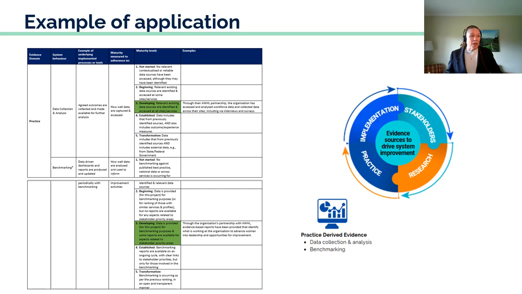Is it a matter of you've got a lot of data, it's all sitting there, but it is so hard to pull out and make sense of? In this case, the organisation, through working with us, were able to access and analyse meaningfully some of their workforce data that has been collected across their sites. And so they assess themselves at the developing level.